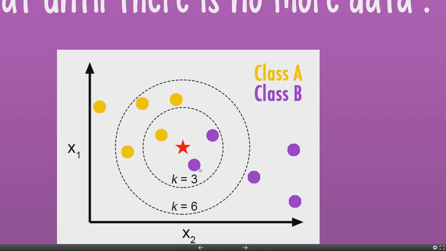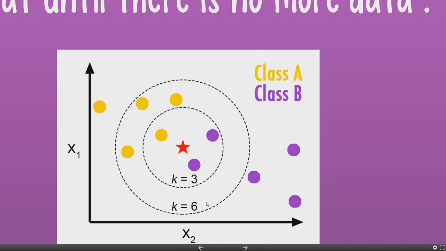In this example, these are the closest 3. Then we see there are two data points in class B and one data point in class A. That means we assign this star to class B because there are more data points in class B.